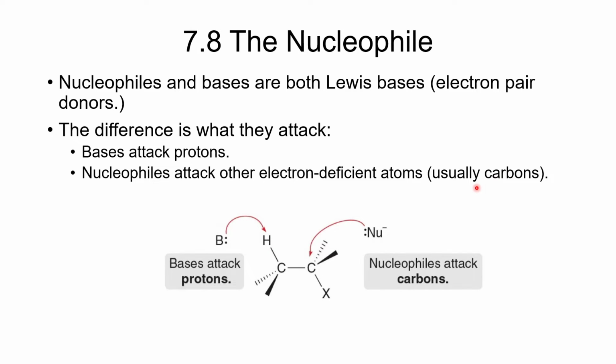So here, with an alkyl halide, bases will attack hydrogens that are on adjacent carbons. We call these alpha hydrogens, and nucleophiles will attack those carbons.